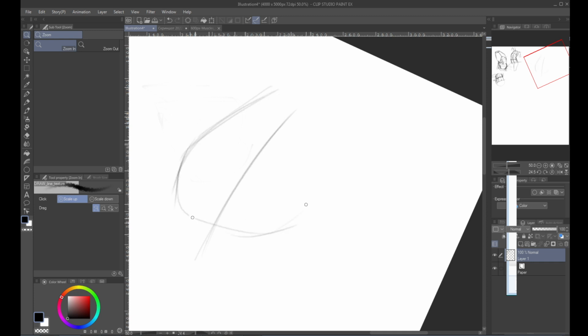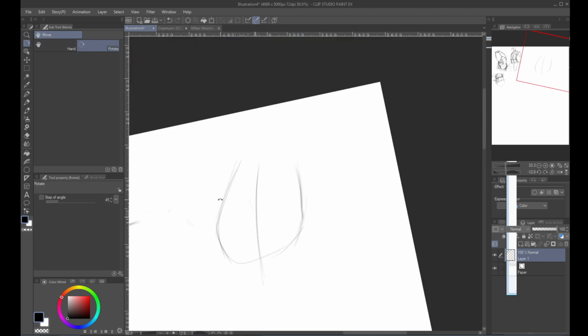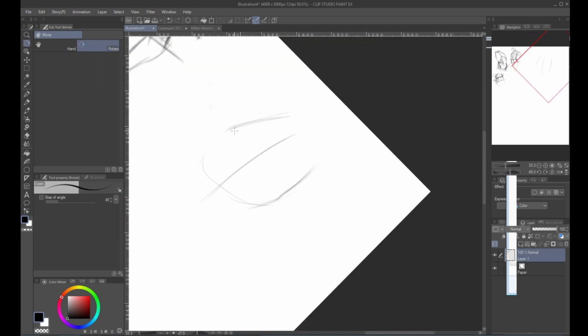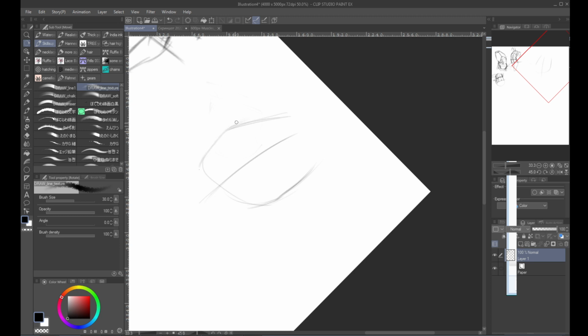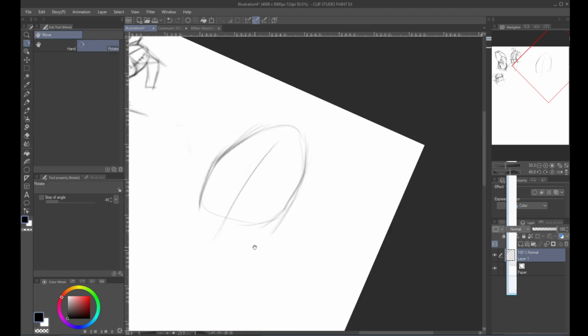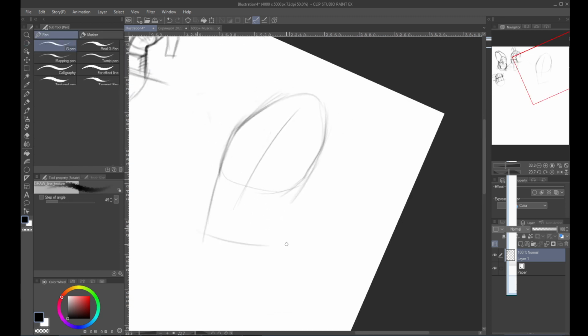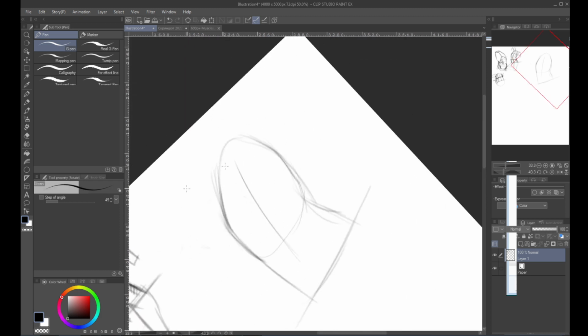Now we will start with drawing our ribcage. Very simple shape, and we will maybe try to find some sort of movement here already, for example like this.